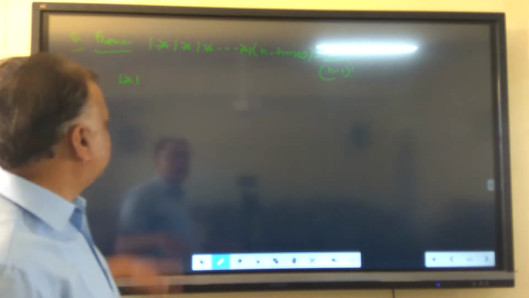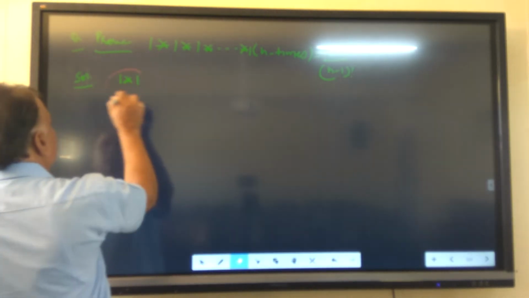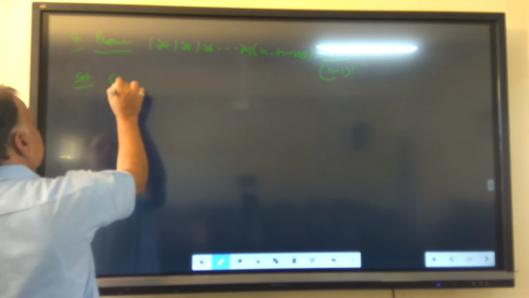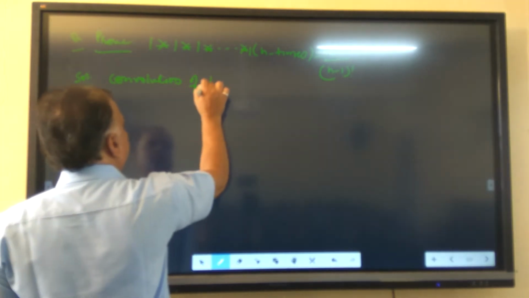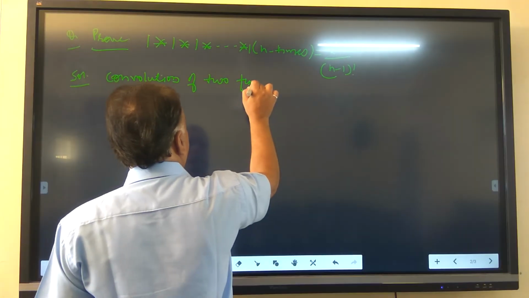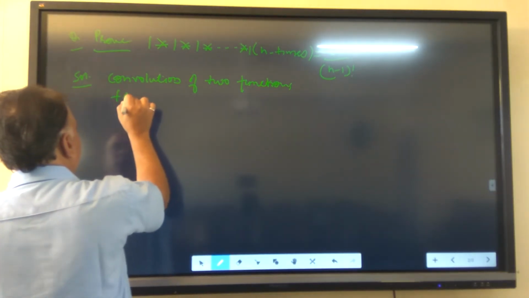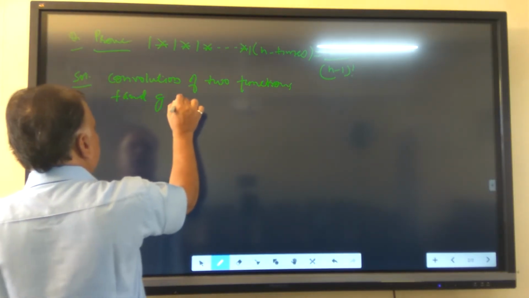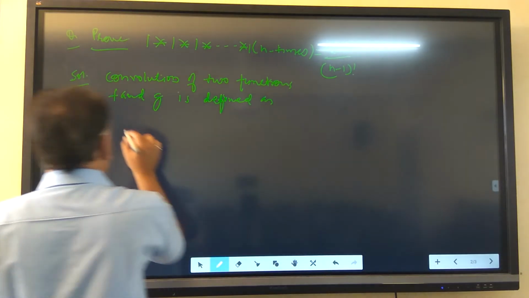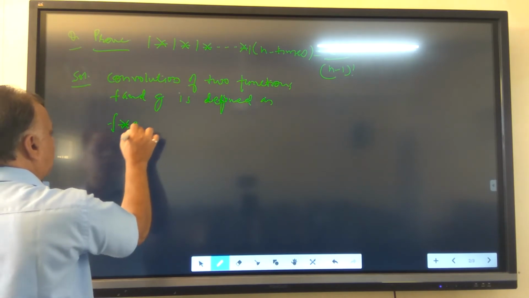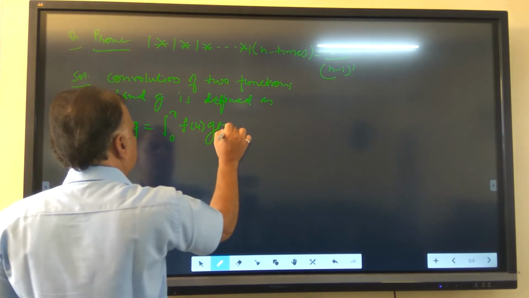If we first define the convolution of two functions f and g, it is defined as f star g equals the integral from 0 to x of f of u g of x minus u.